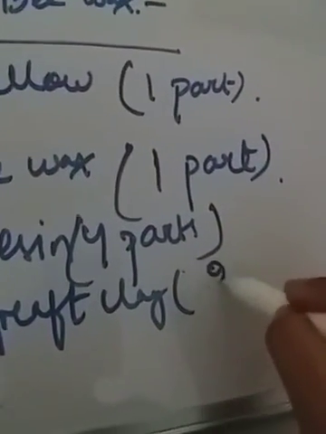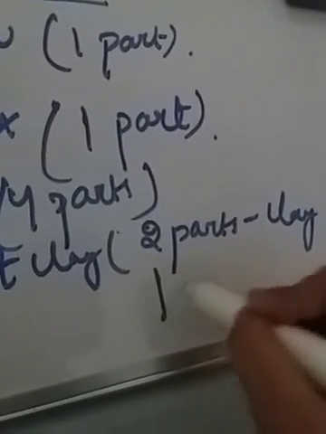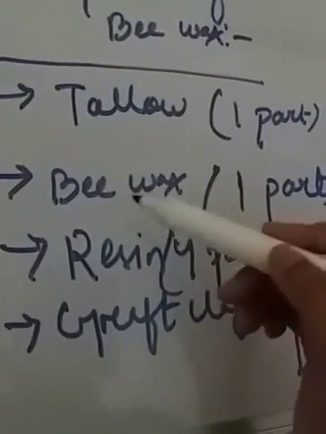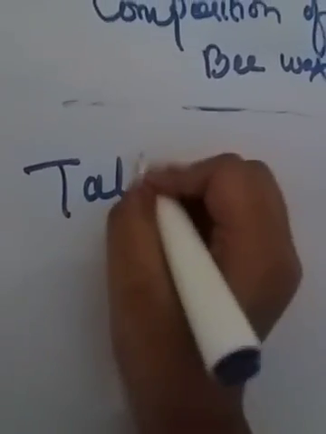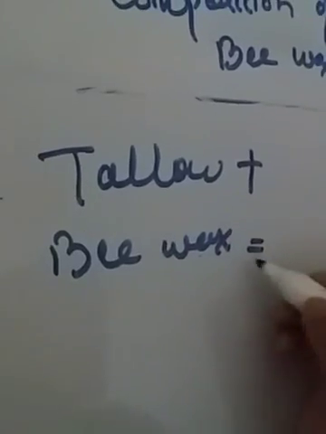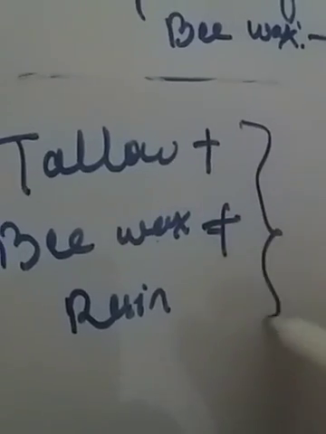In this graft clay, 2 parts of clay and 1 part of cow dung. So this is all about tallow, beeswax, resin and graft clay. Tallow plus beeswax plus resin is separate, and the last part, graft clay, is separate.